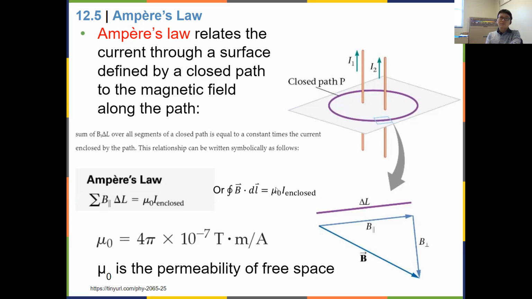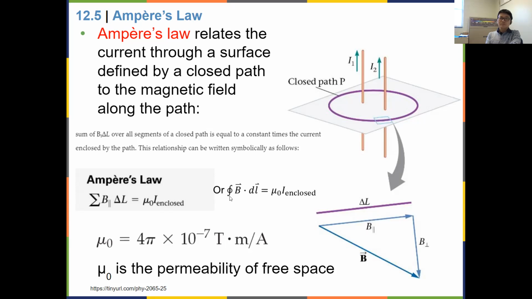Or if you take this small portion to be infinitesimally small, then you'll be doing dl instead of delta L. Then you are doing B dot dl, because you are taking the component parallel to dl. So this is a dot product.